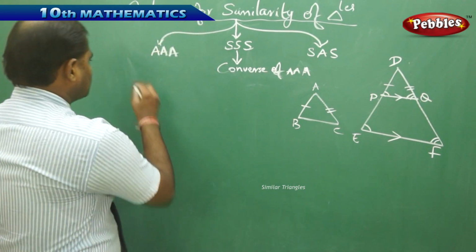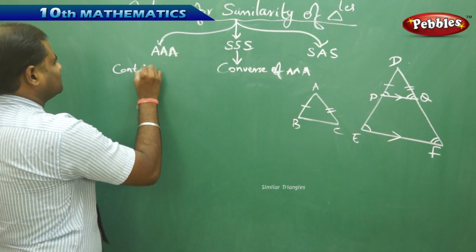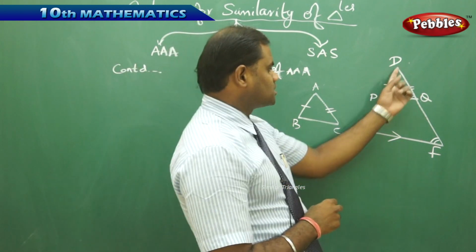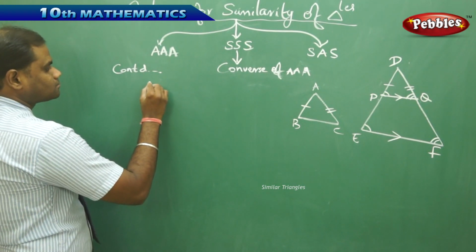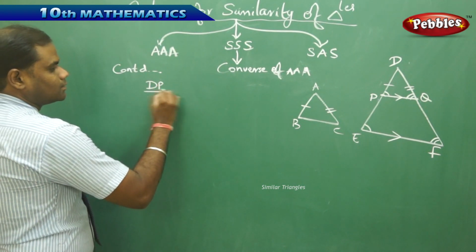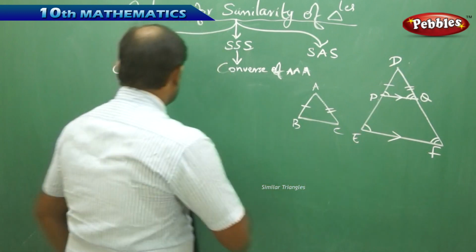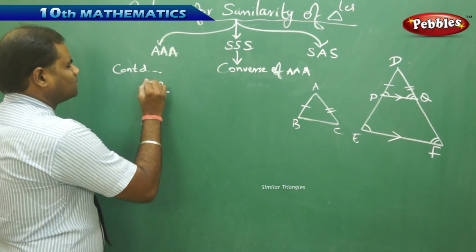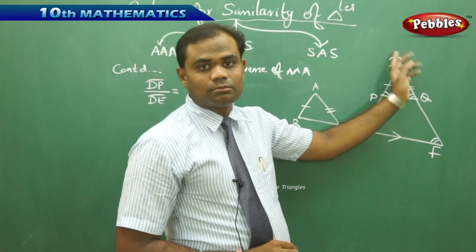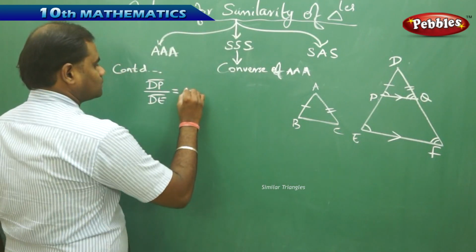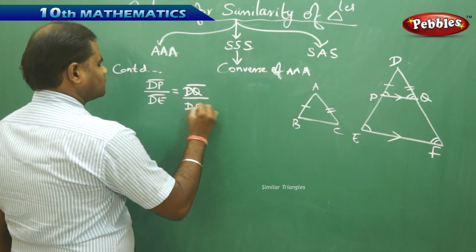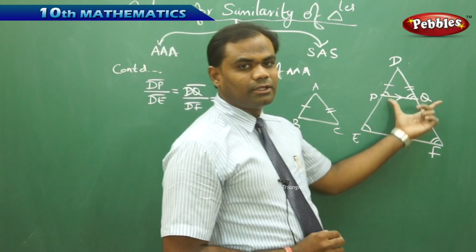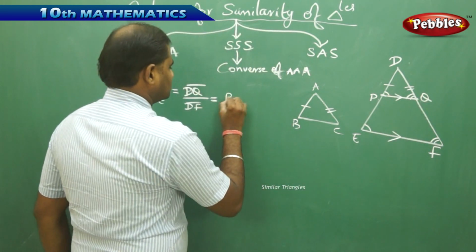Therefore, continuing with the proof, I have the basic proportionality theorem applied in triangle DEF, which gives me DP by DE, which is equal to DQ by DF, which equals PQ by EF.